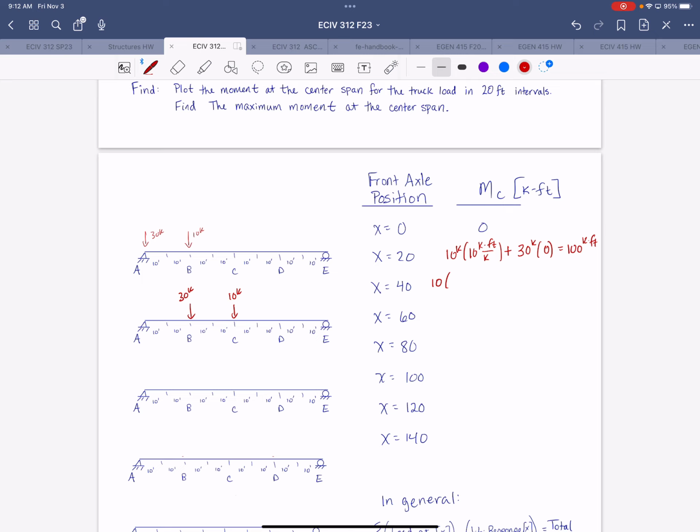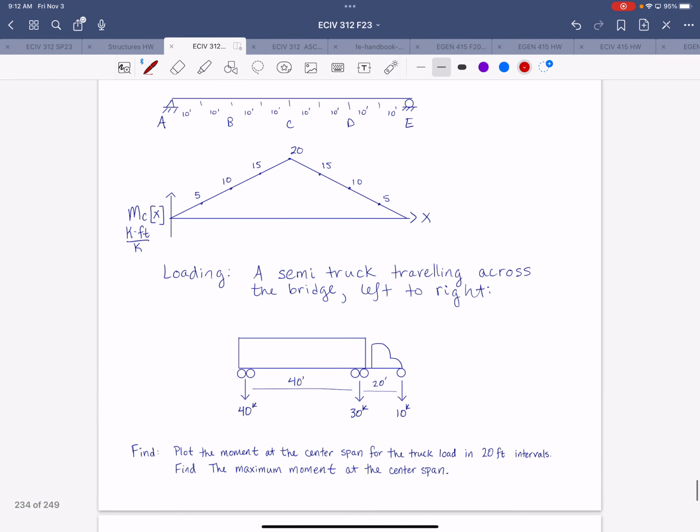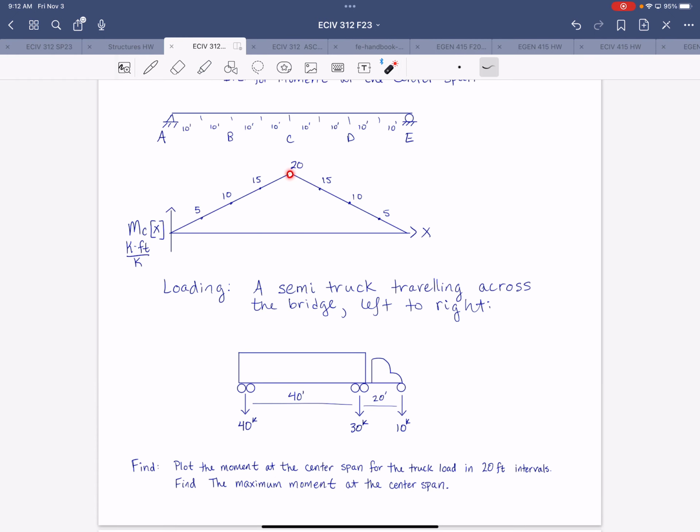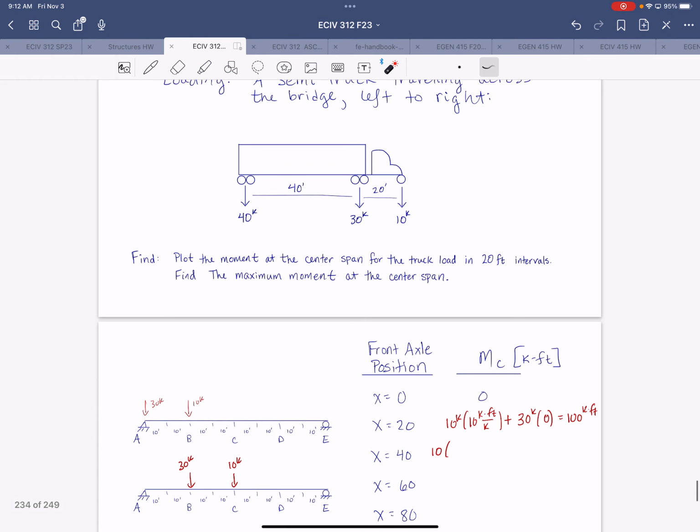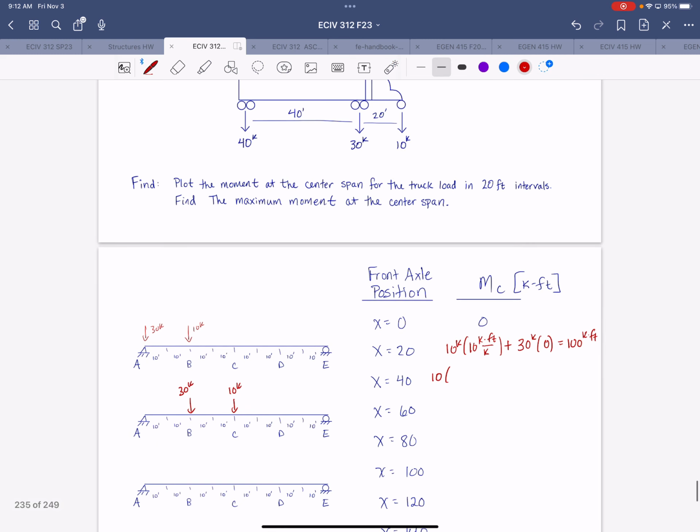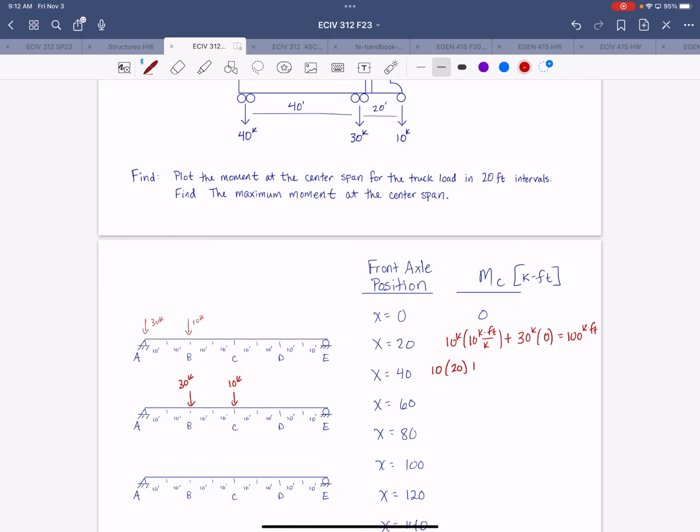We have the 10 kip force, and the value of the influence line at that location is 20. So 10 times 20 plus 30, which is at B now, so that's a value of 10 from the influence line. And that gives us 500.